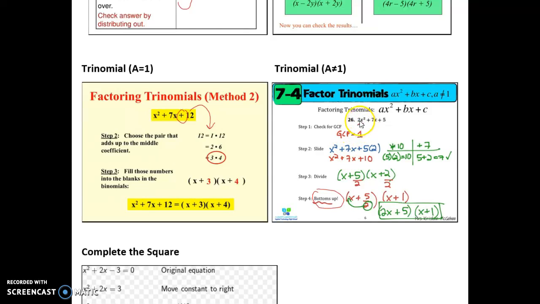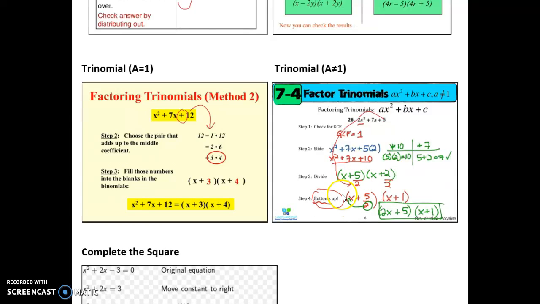When the coefficient is not 1 and there's no GCF, you multiply A times C, and that's where you get your new trinomial, and the new trinomial then can factor. But don't forget, when you multiply by 2, you also have to divide by 2, because remember, we can manipulate anything, but we can't change the value.